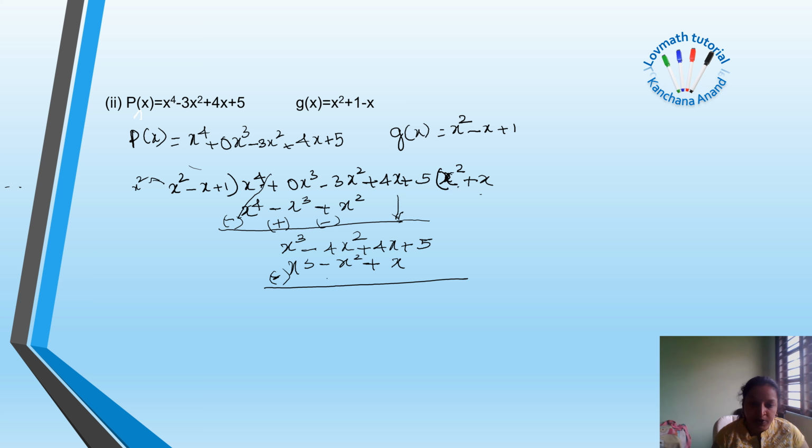Here minus x square becomes plus x square, and here plus x becomes minus x. Now x cube and minus x cube get cancelled. Here minus 4x square plus x square is minus 3x square, plus 3x, and here plus 5 as it is.